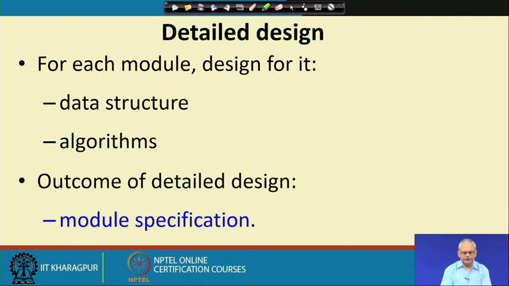The outcome of the detailed design is called a module specification. There are various notations for module specification. It can be a simple text based informal notation. It can be a slightly semi formal notation, where we represent the data structures and the algorithms.